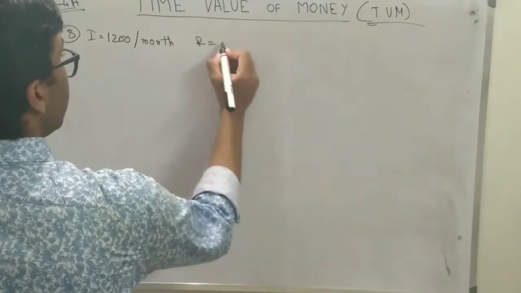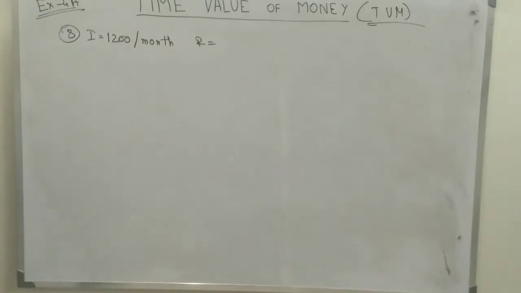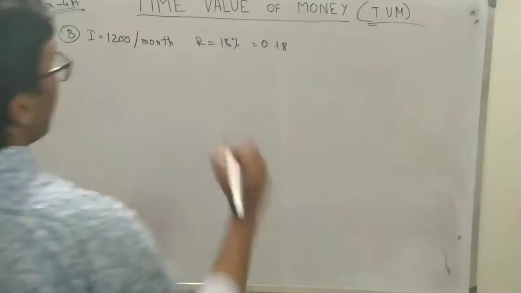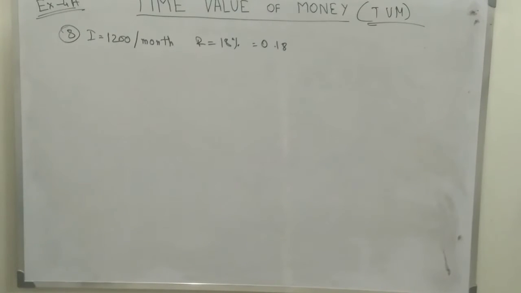The rate of interest is 18%, which is 0.18. Now it is asked what is the sum required. See, we will not go by formula, just follow this method.